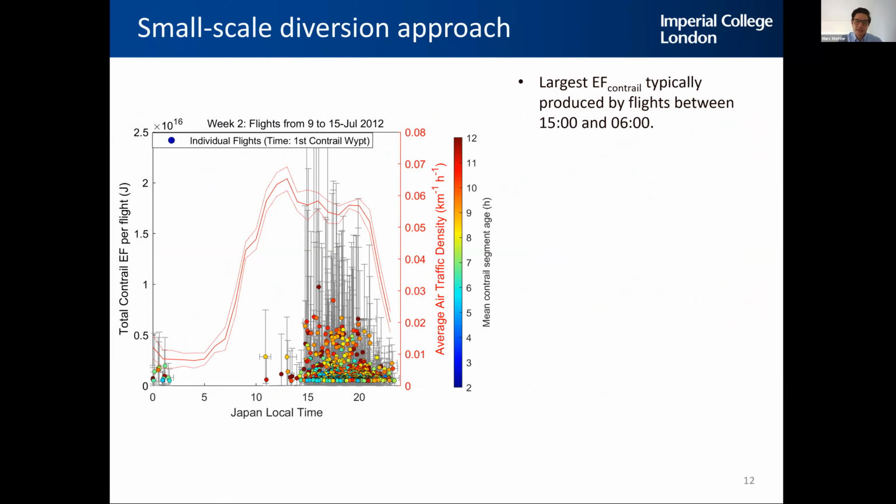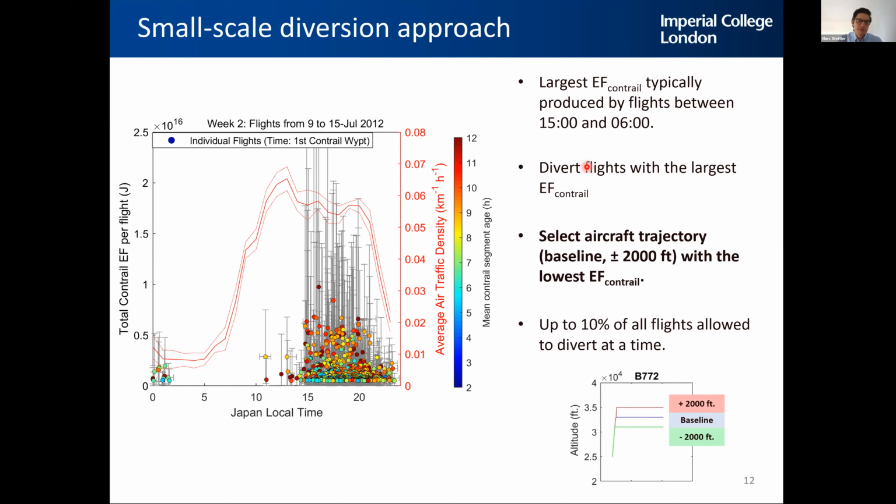If we look at the most warming contrails, this figure on the left-hand side shows when those flights took off in terms of Japanese local time, and the y-axis is the total contrail energy forcing. The flights with the most warming contrails take off in the late afternoon or evening, which means that if they were to form a persistent contrail, that contrail can last into the night and throughout the night.